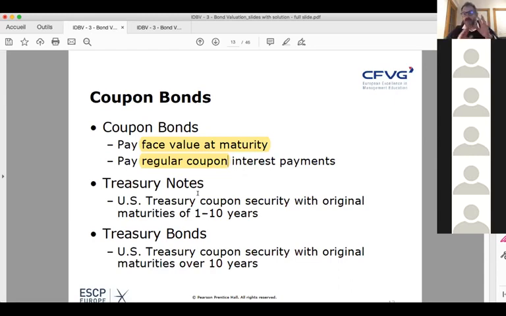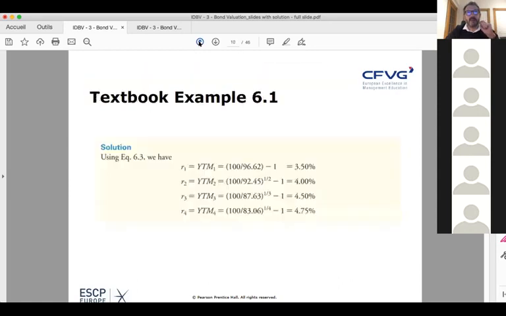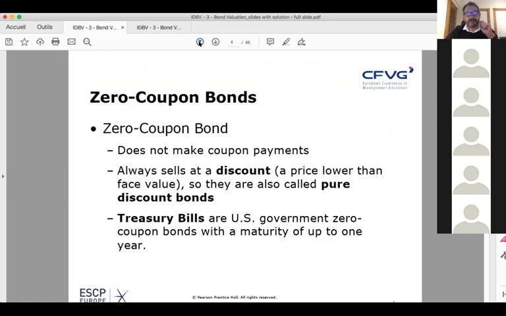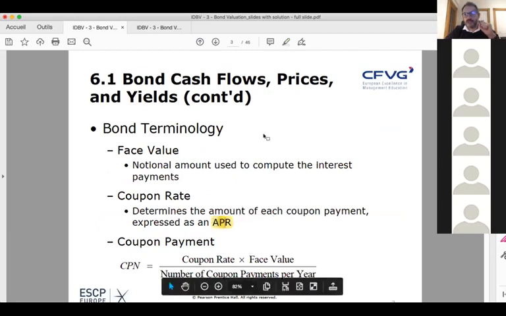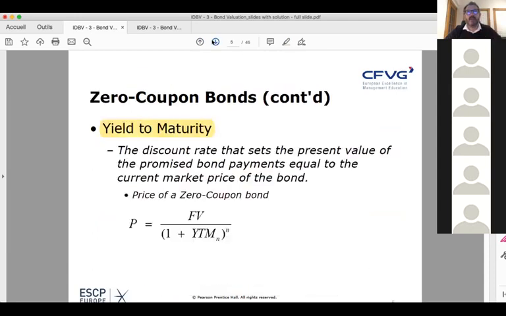And it's not very difficult because, if you remember what I said in the beginning of the chapter, we use APR. Okay, so if we have semi-annual coupons, you just have to take the annual rate, you divide it by 2, and so you can discount.